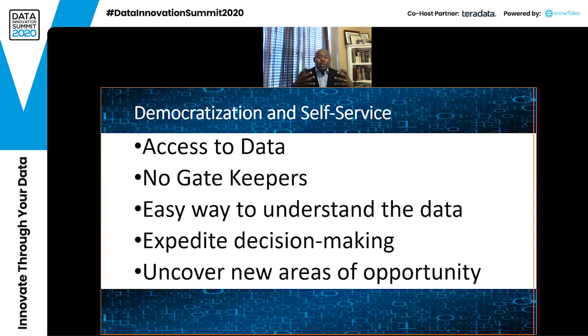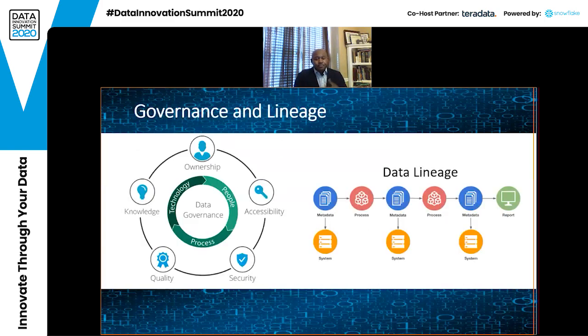What I really mean is that by having democratization of data and self-service, we produce the information that addresses business needs and responds to critical questions while producing actionable dashboards and reports. That's the big thing we want to make sure of: that our data is actionable. We don't want to produce things that are not actionable.